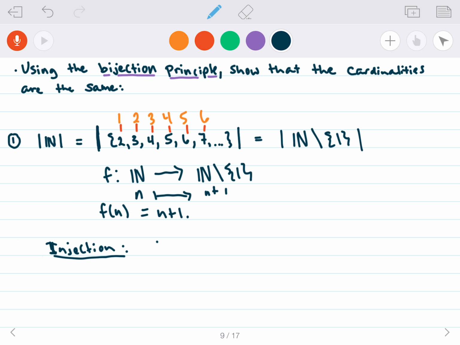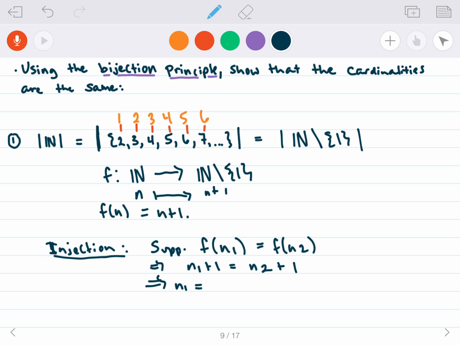Suppose f of n1 is equal to f of n2. Then, by definition of f, n1 plus 1 equals n2 plus 1. So subtracting 1, we get n1 equals n2. Okay, so surjective.